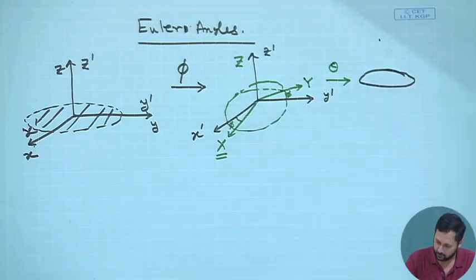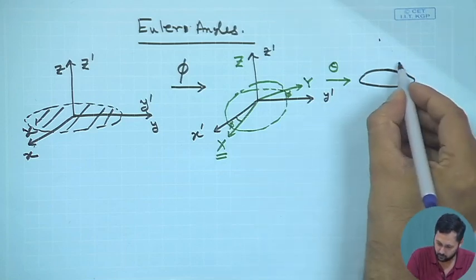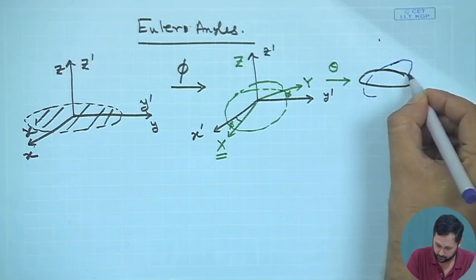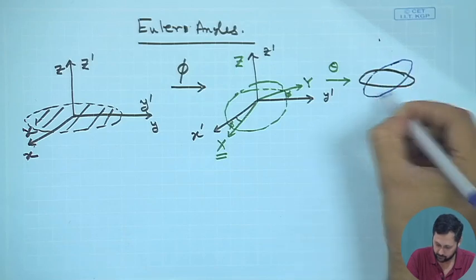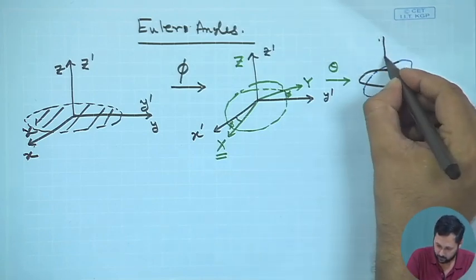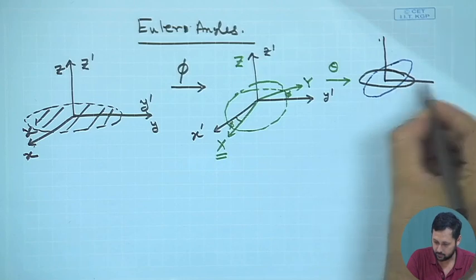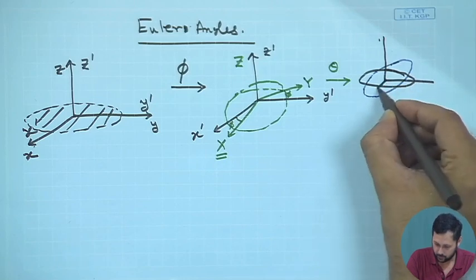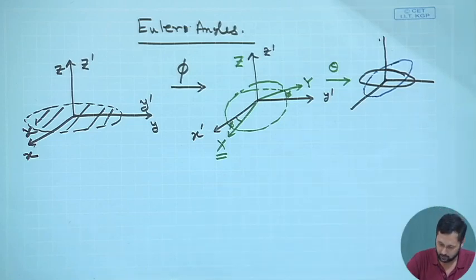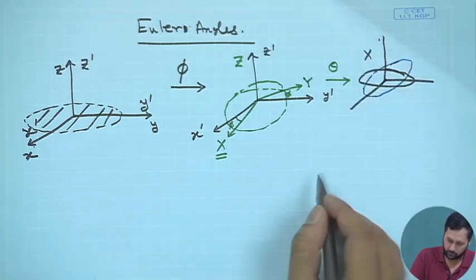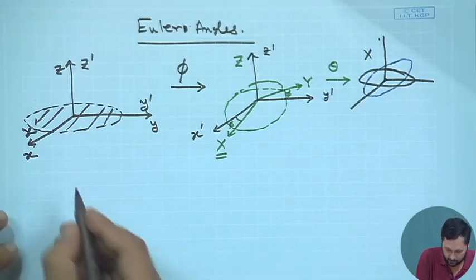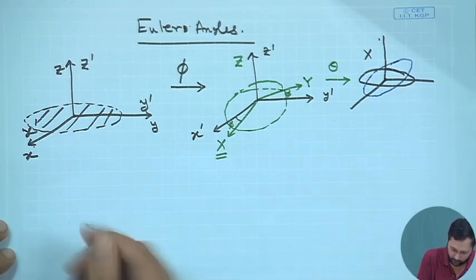So, this is a bad drawing, let's not use this. There is a reason for it, I'll tell you in a moment. So actually, a good drawing will be this.